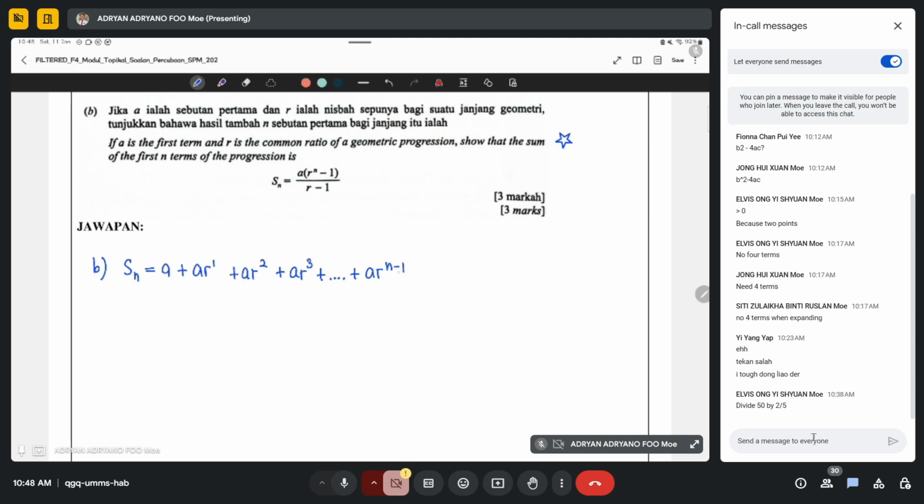This is the first sequence. Usually we leave the ratio as R.